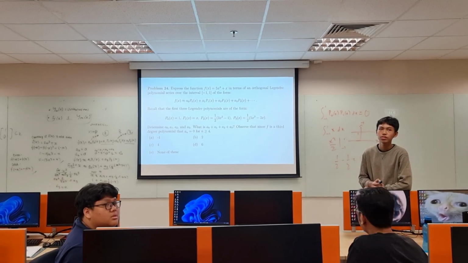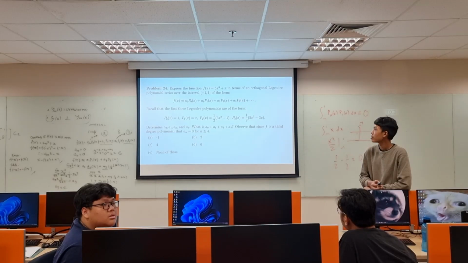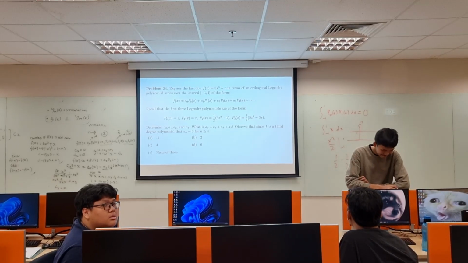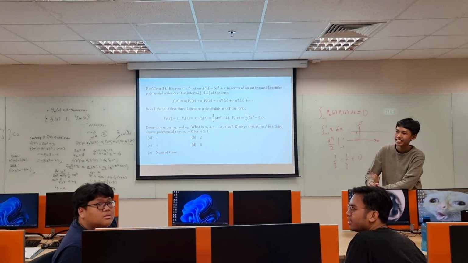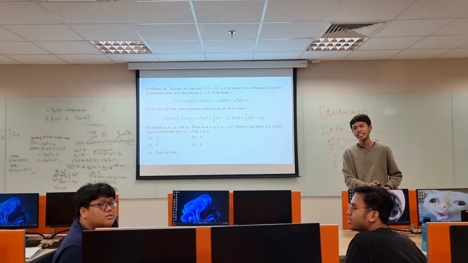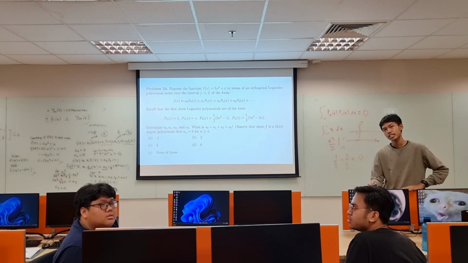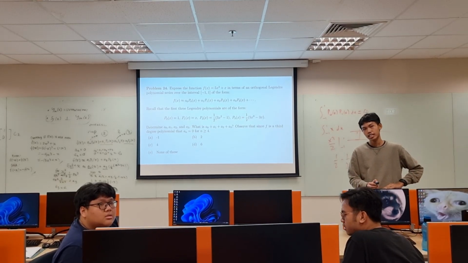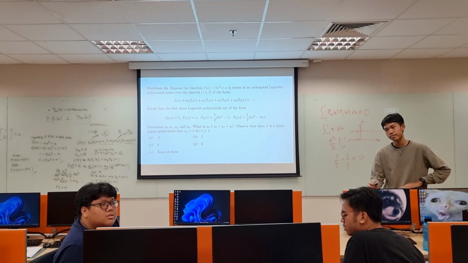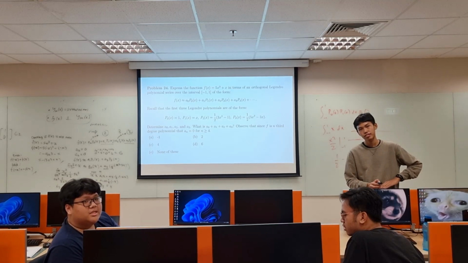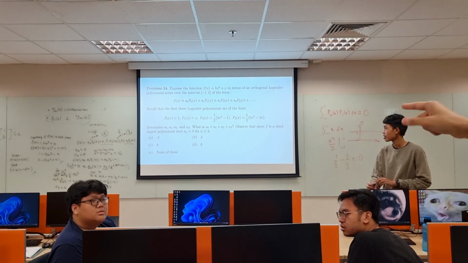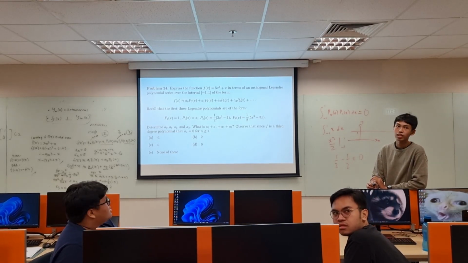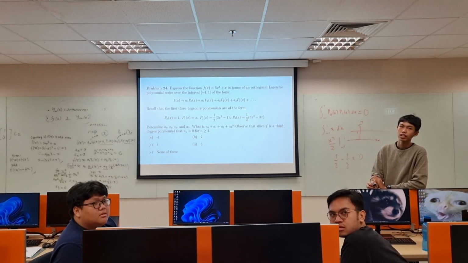I'm saying for an odd function, you integrate from -1 to 1, the result is 0. But for an even function, it is not necessarily 0. It could be 0, but it doesn't have to be. For this case, even and even, you integrate, it has to be 0 because of the orthogonality.